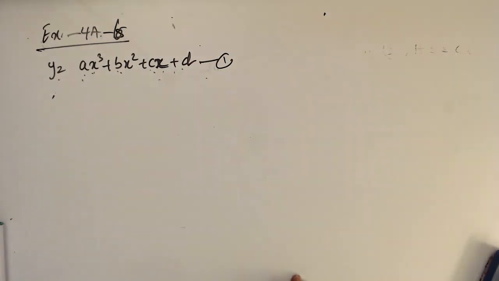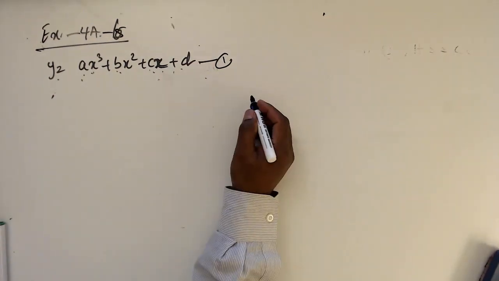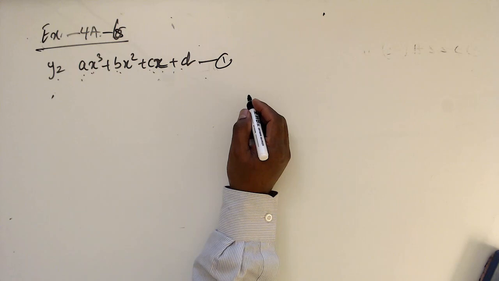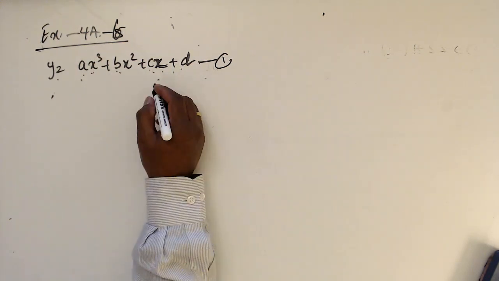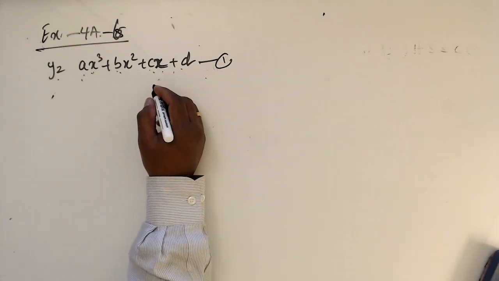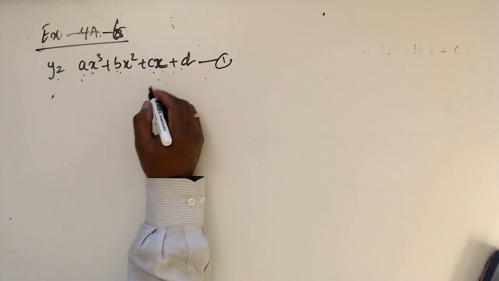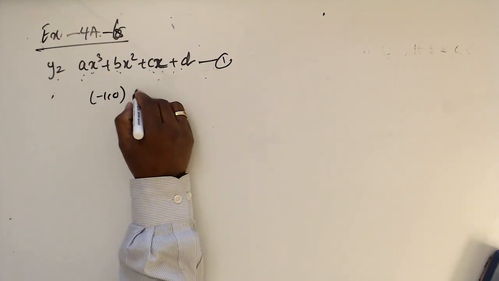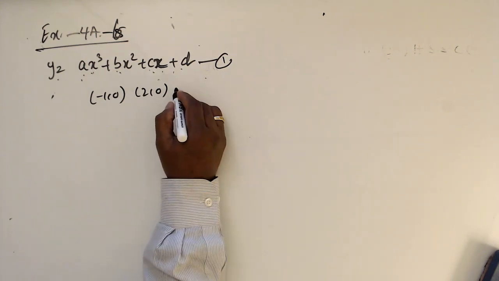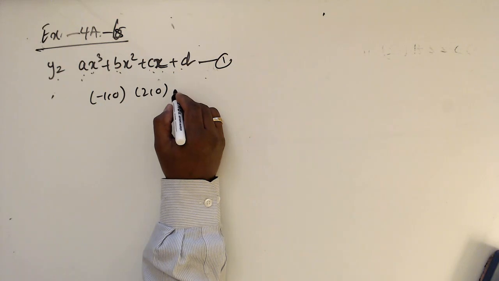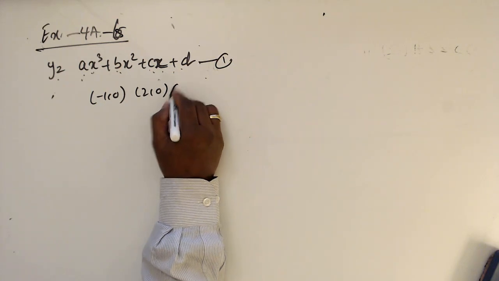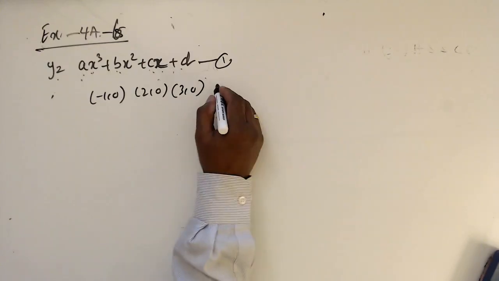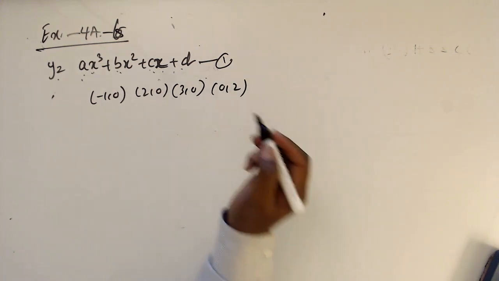Now what we can do as usual: what are the points? Minus 1, 0 and 2, 0 and 3, 0 and 0, 2.